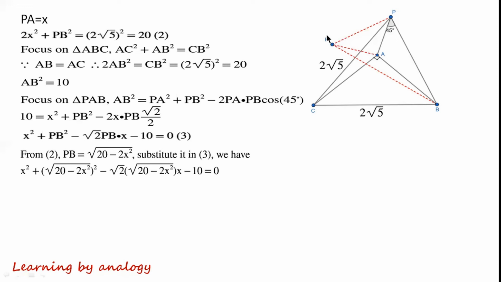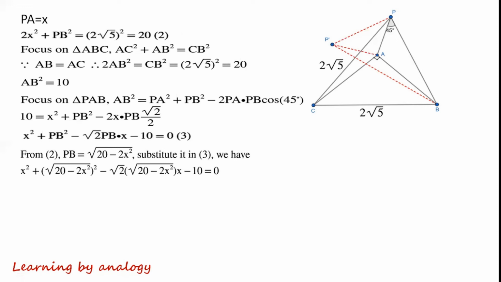From equation 2, PB equals root of 20 minus 2x squared. Substitute it in equation 3.